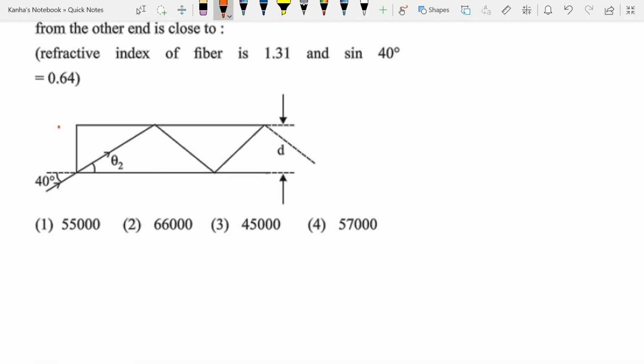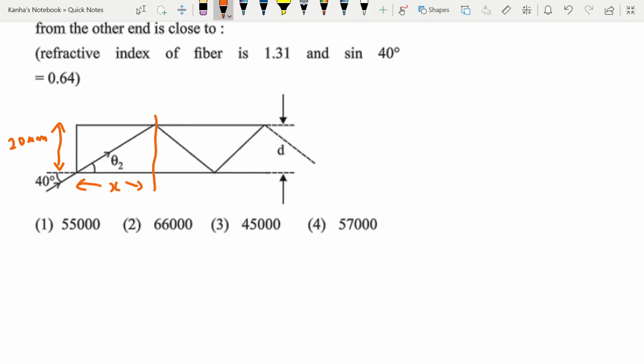You are given that this distance is nothing but 20 micrometer, and you are given this angle to be 40. Let me make a normal here and call this distance x.